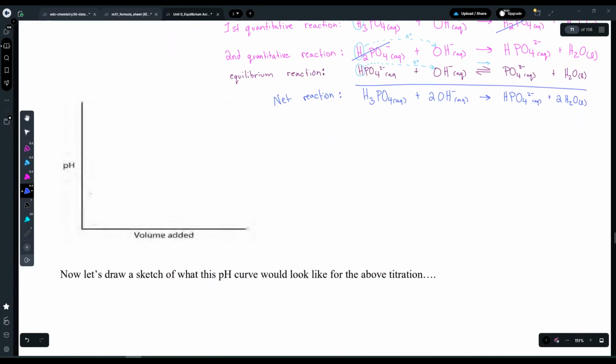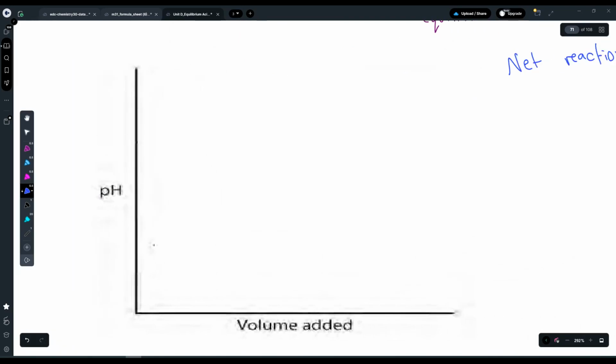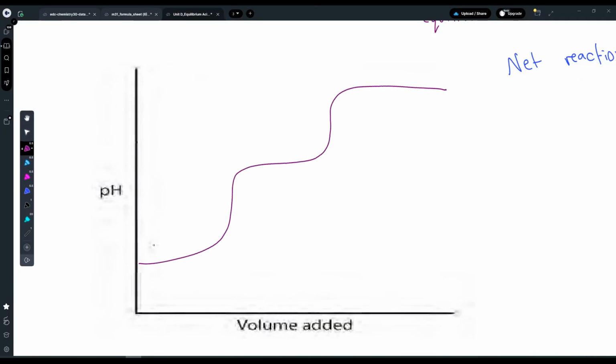Underneath here it says, let's draw a sketch of what this pH curve would look like for the above titration. Doing a sketch of this, it's going to look like this. Right at the middle of the steepest points, these are going to be our endpoints.